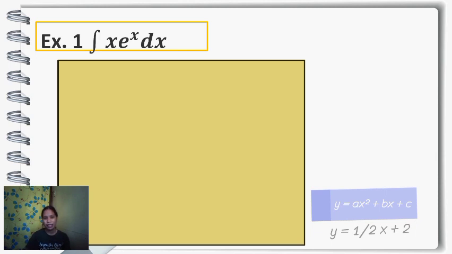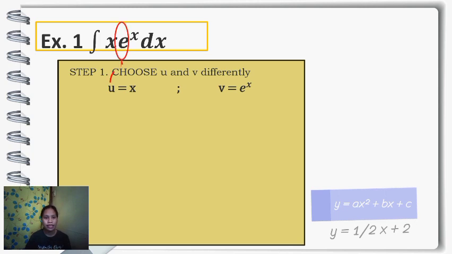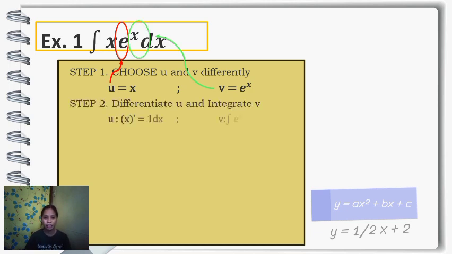Our first example is the integral of x e raised to x dx. Step 1, we should choose u and v differently. Our u is x, our v is e raised to x. Step 2, differentiate u and integrate v.